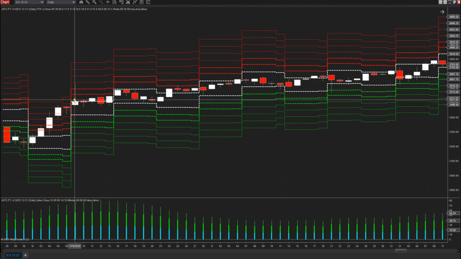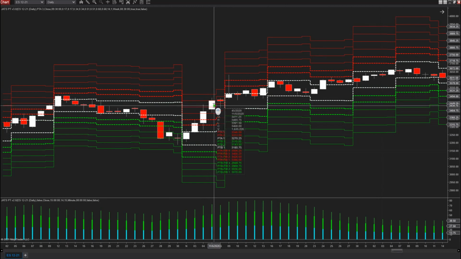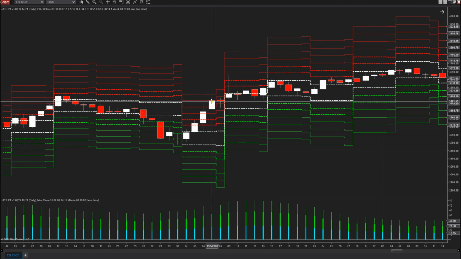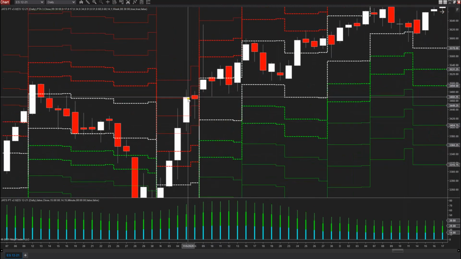Tried to get up there and came back down. And here's a big breach. Okay. So here was a big breach. November of 2020. Broke through 1, 2, 3 levels, came back in the third level. Or actually, it hit the line on the third level.